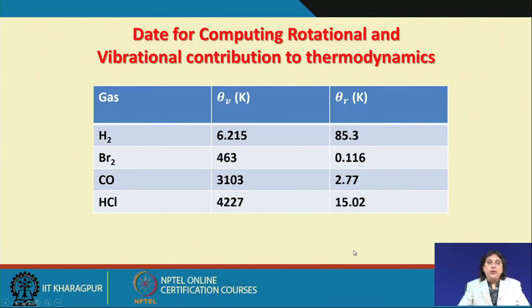And so, if you know the theta_v and theta_r values from literature, which have been tabulated by carrying out different kinds of experiments, then one can go ahead and find out what is going to be the vibrational contribution to the overall heat capacity of the ideal diatomic gas, or one can even assess what is going to be the rotational contribution to the specific heat.